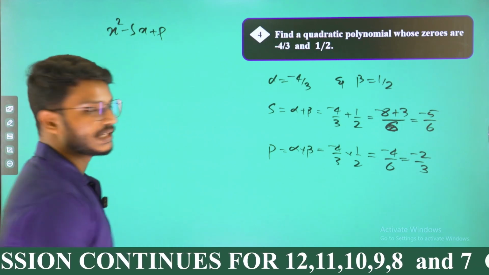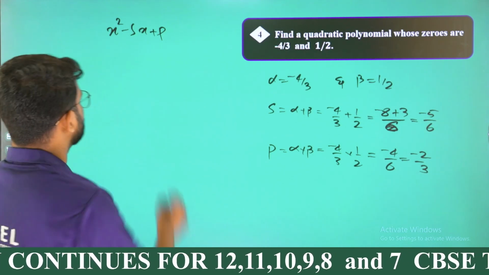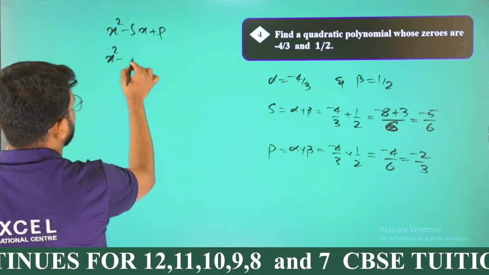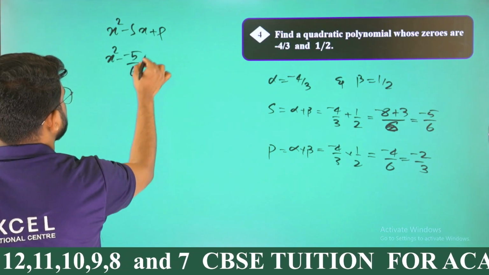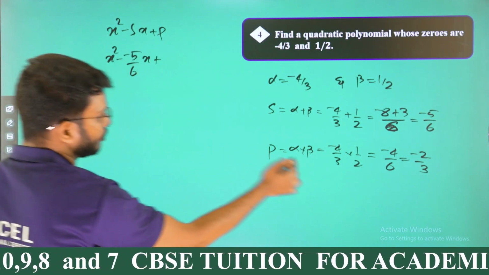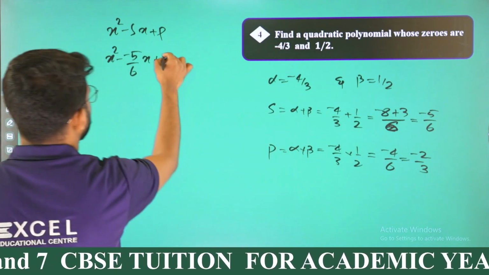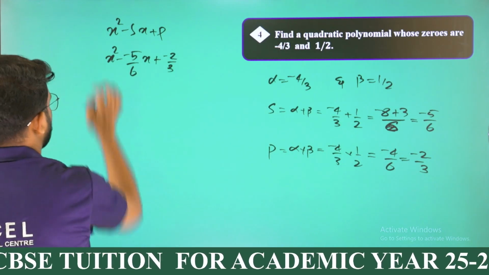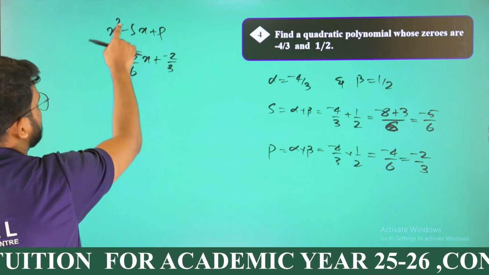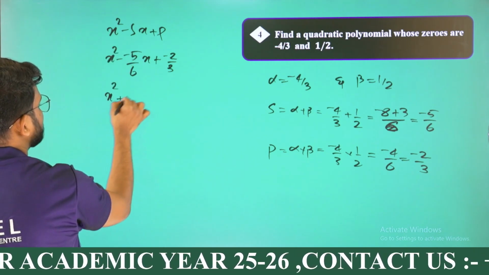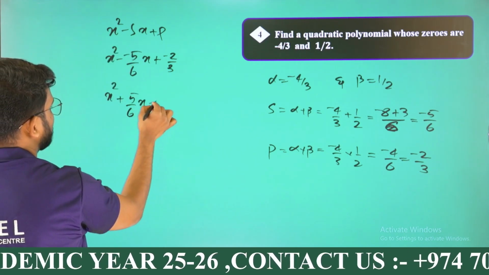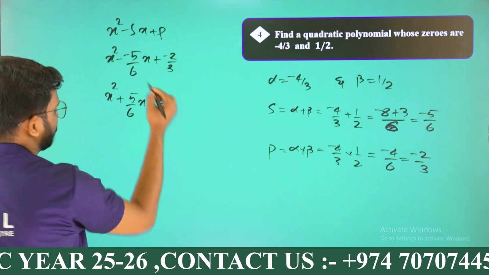Now we can easily form a quadratic equation, right? x square, the sum is minus 5 by 6, x plus the product, negative 2 by 3. In the general form x square minus sx plus p there is a negative sign, so x square plus 5 by 6 x minus 2 by 3.